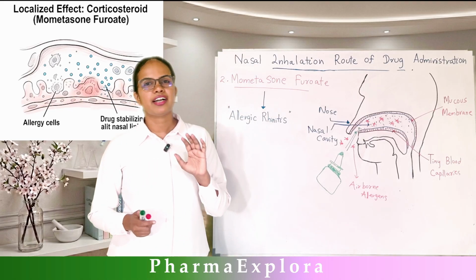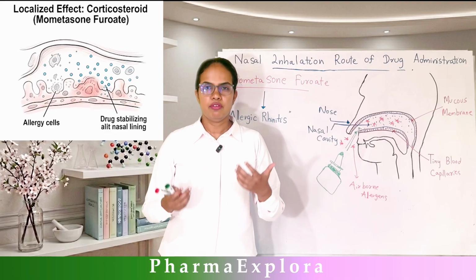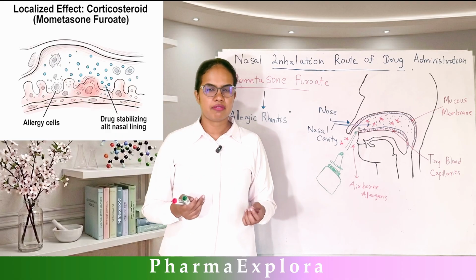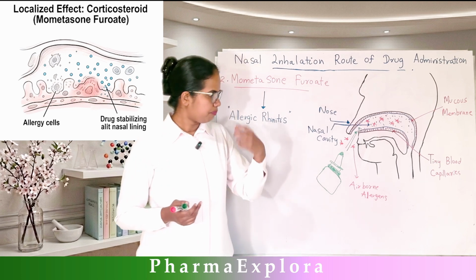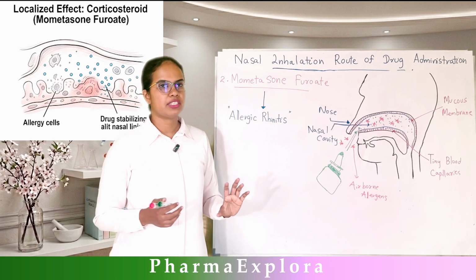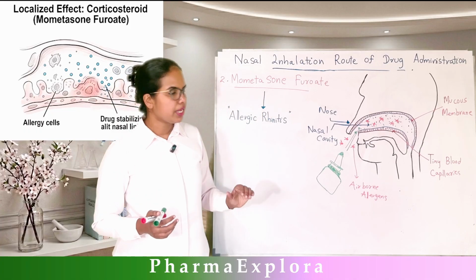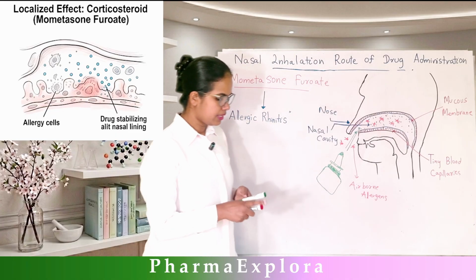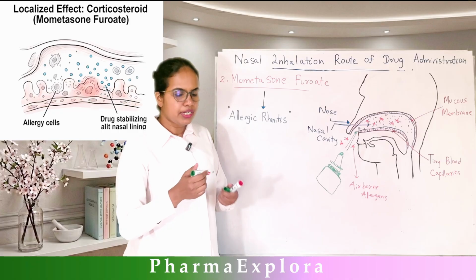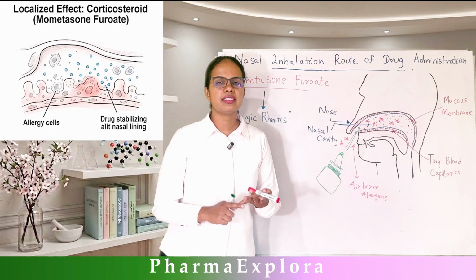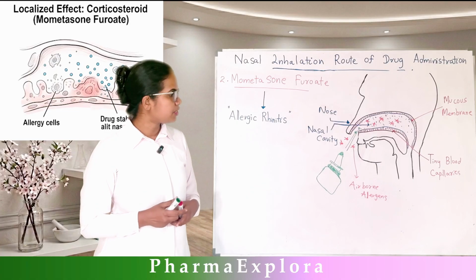Rhinorrhea is a medical term we use to explain a runny nose, where our nasal passages produce very watery thin mucus due to this condition. So, when we apply this Mometasone Furoate intranasally, this medicine goes into your nasal cavity and reduces the sneezing, nasal congestion, rhinorrhea as well as itching.